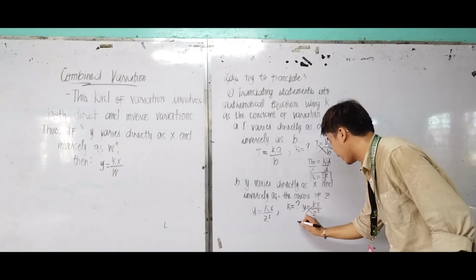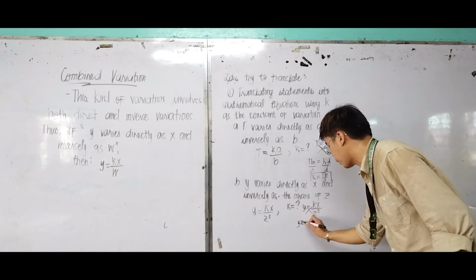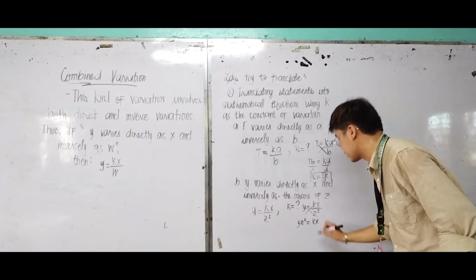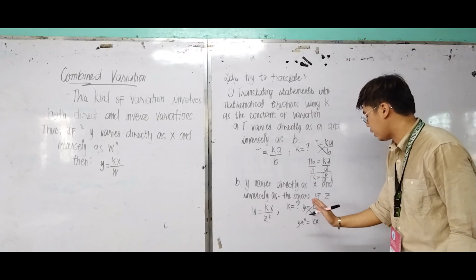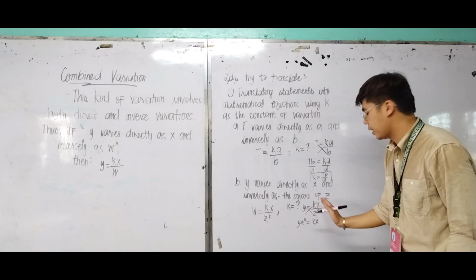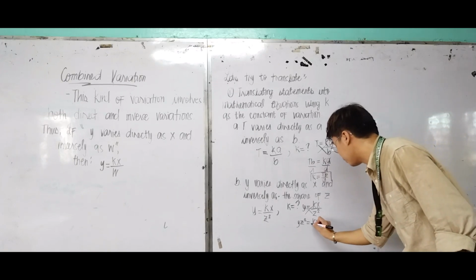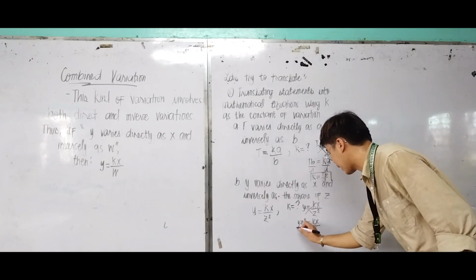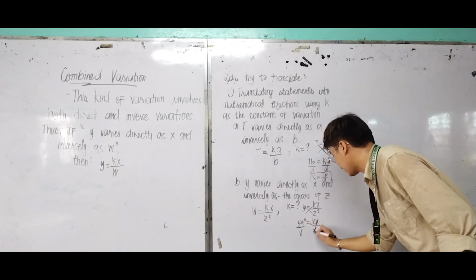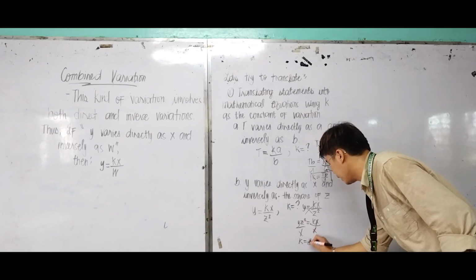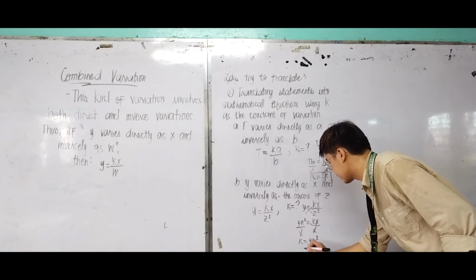So we have y times z squared equals k times x. Now what we're going to do here is, the right side should remain only k. So you need to divide both sides by x. Cancel x, x. So we have k equals y z squared over x.